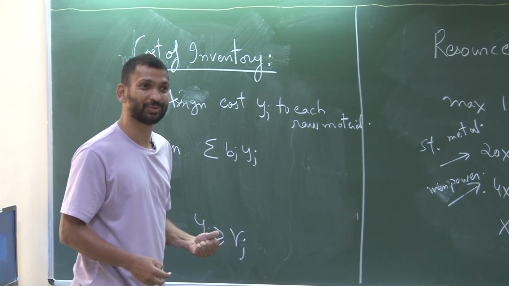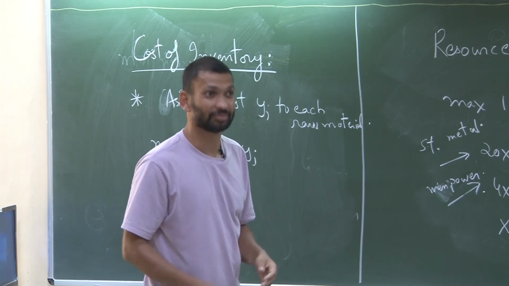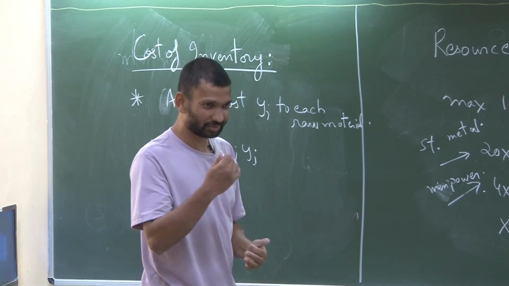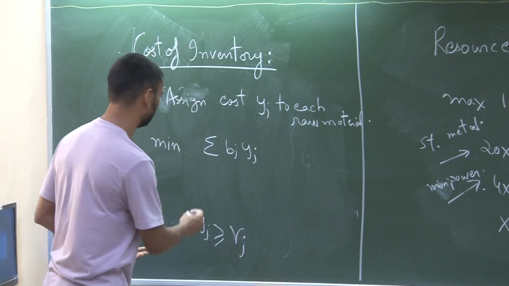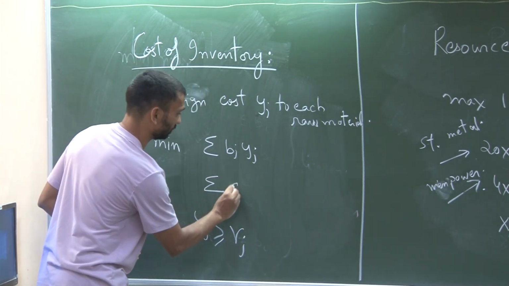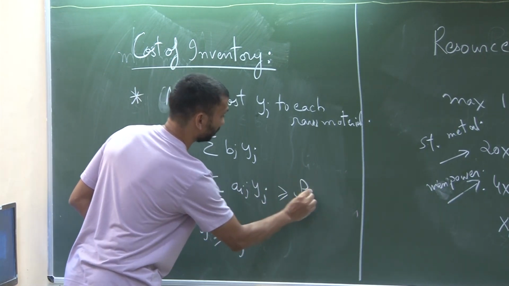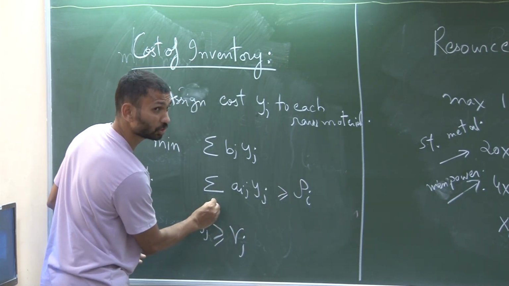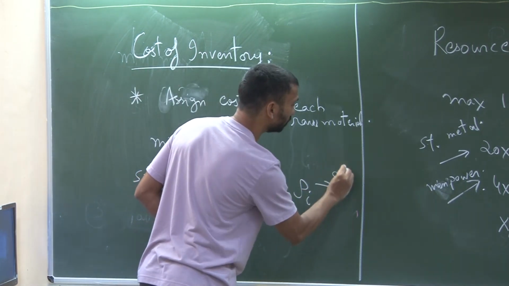The cost of building one output should be greater than the revenue. Yes, good. So what is the mathematics? The summation over j of Aij Yj should be greater than or equal to Oi, and this is there for all the products.